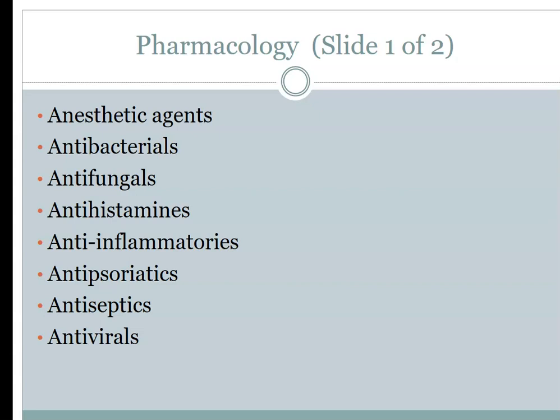Anti-inflammatories reduce inflammation. Antipsoriatics treat psoriasis. Antiseptics prevent infection by destroying microbes on skin or tissue surface with topical application of the agent. And antivirals reduce the effect of viruses.